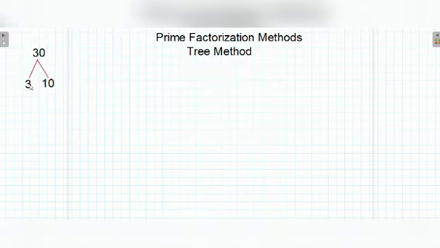Now we need to find the prime factors. So 3 is a prime factor, but 10 is not a prime factor.